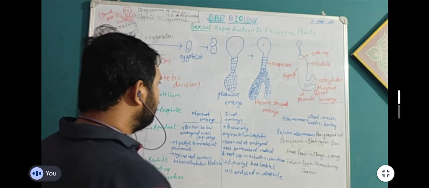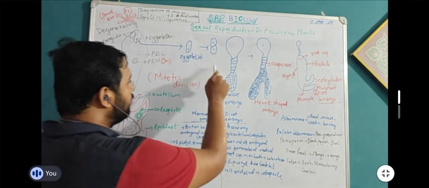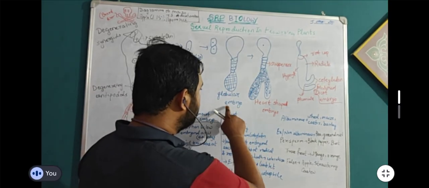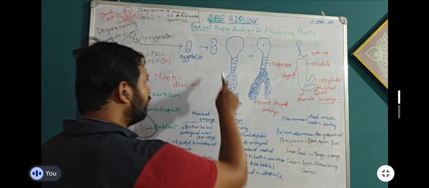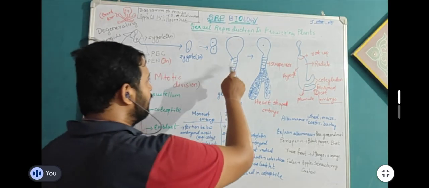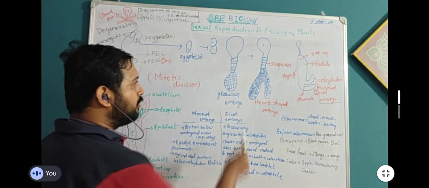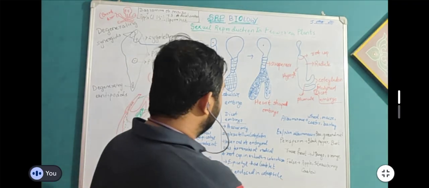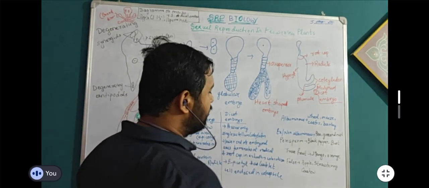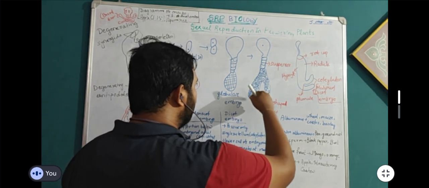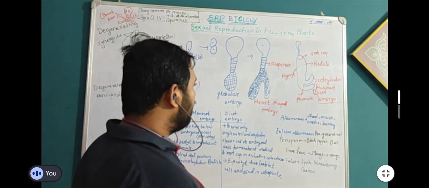Similarly here, the zygote divides mitotically and develops into the first phase of the embryo, which is called the globular embryo, which looks somewhat like this. A group of cells develops which helps in attaching to other cells, called the suspensor cells. The suspensor persists in the next phase, called the heart-shaped embryo, because it looks a little like a heart.